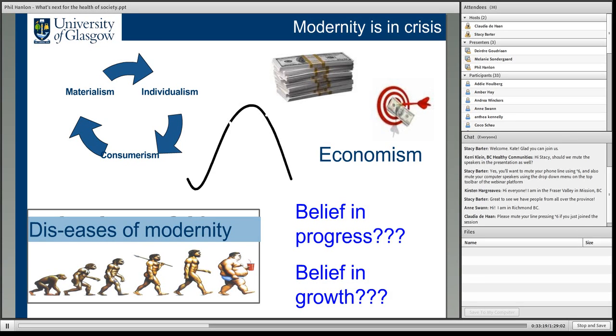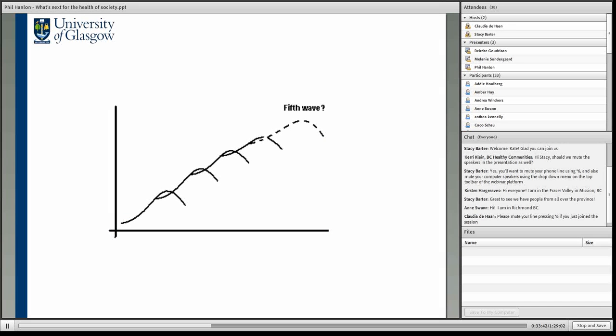It is absolutely controlled by a mindset that makes money and economism, the financial bottom line, the determining factor in almost all decision-making, both in the public as well as the private sector. And it's powered by a belief in progress and a belief in the absolute need for growth. And that's simply not sustainable. It's not sustainable economically, it's not sustainable environmentally, it's not sustainable socially.